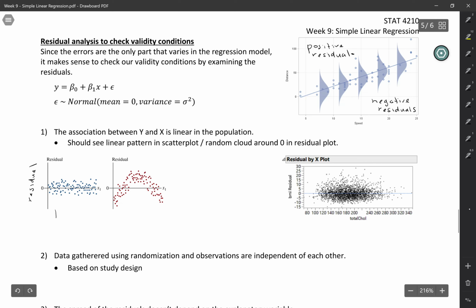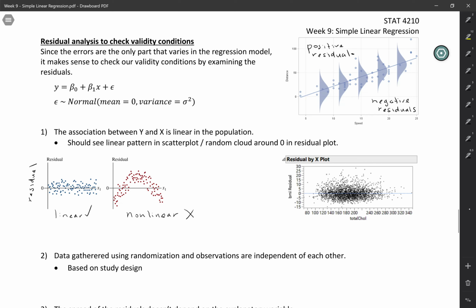This first graph here would look pretty good. This would be a linear relationship because you don't see any kind of curved pattern. The second one, we've definitely got a curve in the residuals, and so that would indicate non-linearity. You've got positive residuals in the middle here, so a bunch of points above the line where the regression line seems to be underestimating.